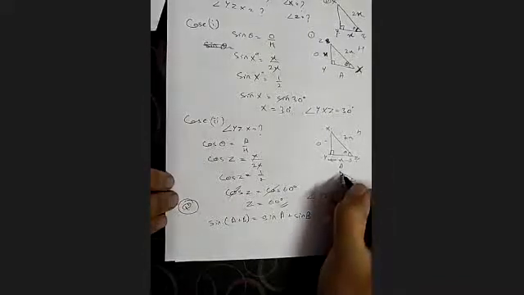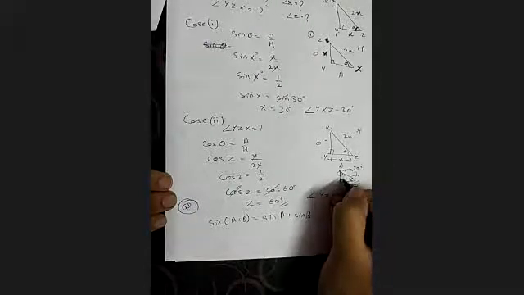In a right angle triangle, if you add these two angles, except the right angle, you will get 90 degree.